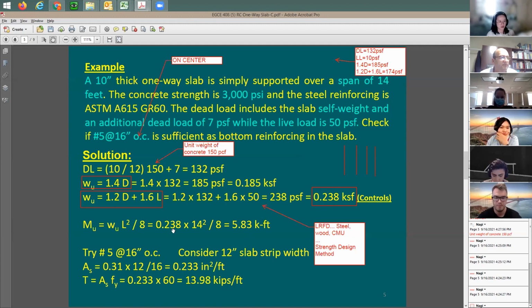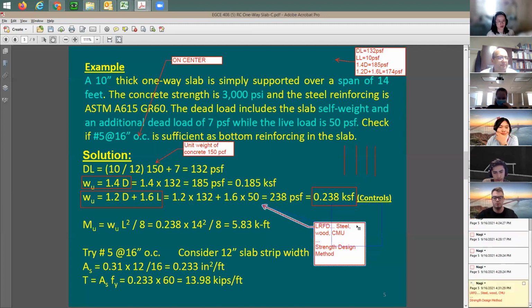The span is 14 feet. So we can say W, the 0.238 times 14 squared, L squared divided by 8. It's going to be 5.83 kip-foot. So you want your slab here to support 5.83 kip-foot. And you know the amount of reinforcing provided says number 5 at 16.